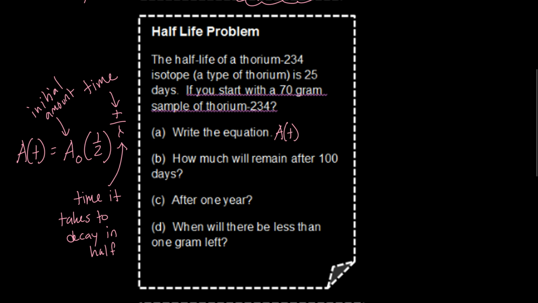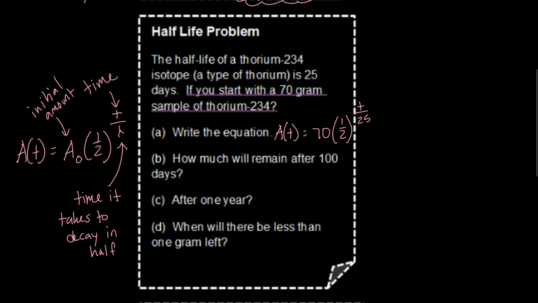A of T is equal to 70 grams, that's our initial amount, times 1/2 raised to T over 25. Do we know the time yet? T over 25.